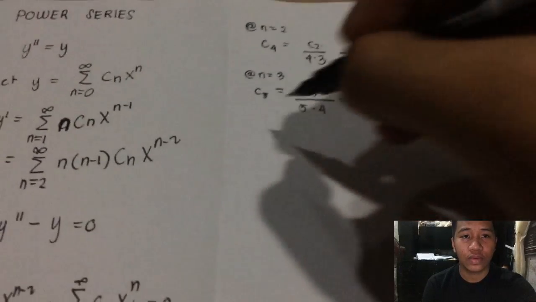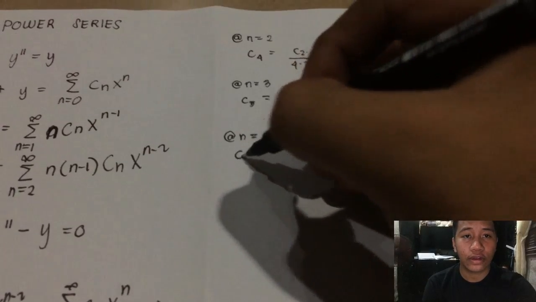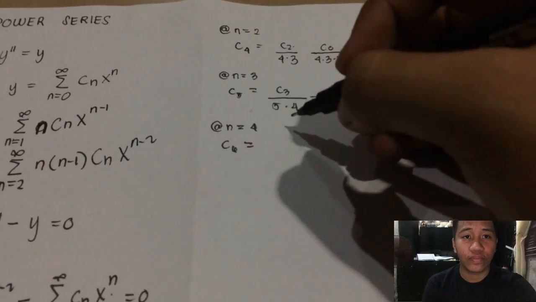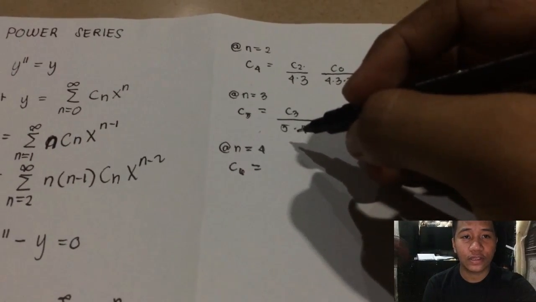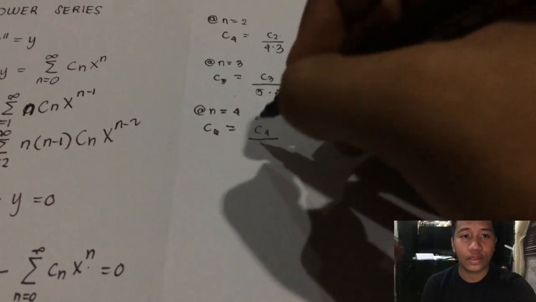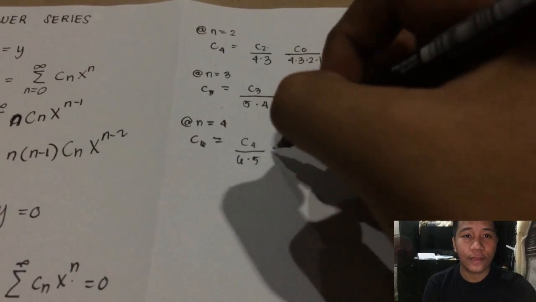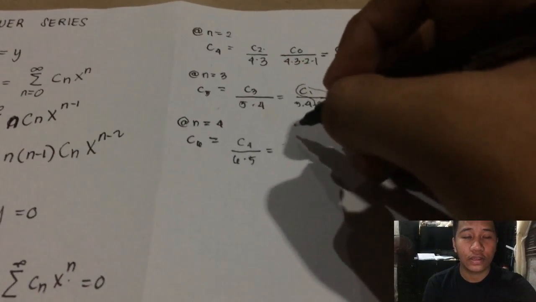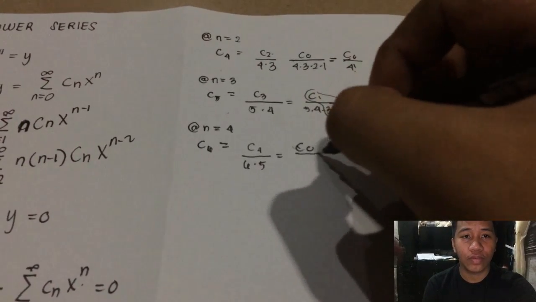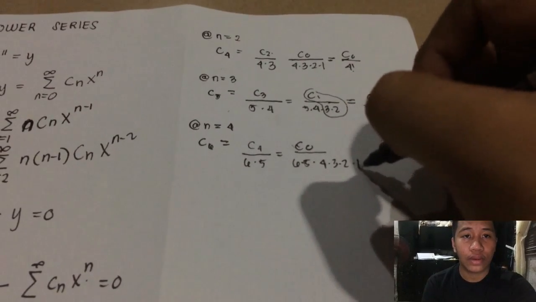At n equals 4, c sub 6 is equal to c sub 4 over 6 times 5, where c sub 4 is c sub 0 over 4 times 3 times 2 times 1.